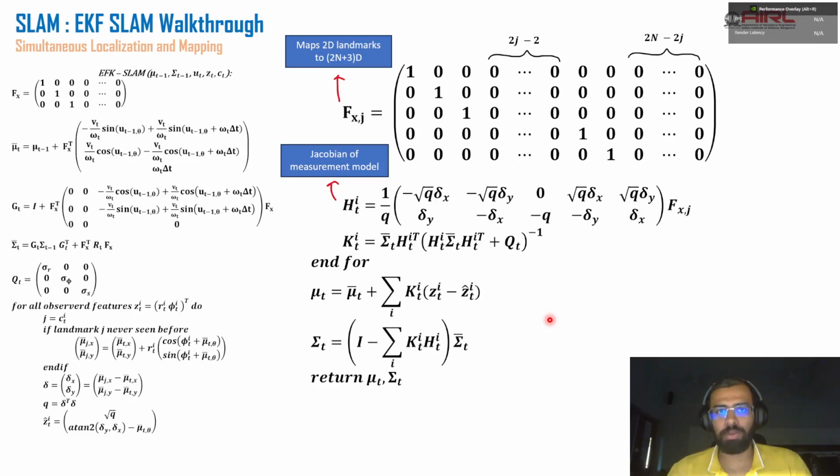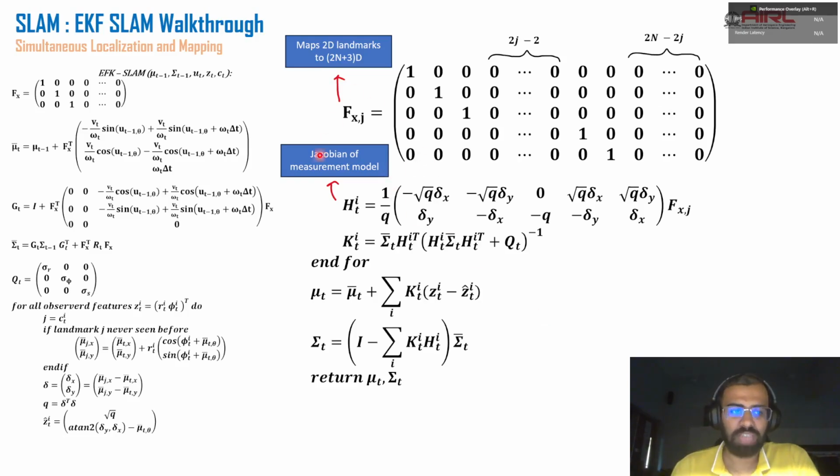Let me rephrase. The new matrix, Fxj, is not going to update how my state evolution happens, but it does update, through the landmarks, what my robot's position is going to be. It will impact those, but the places where it will impact are only the landmarks which it has detected.